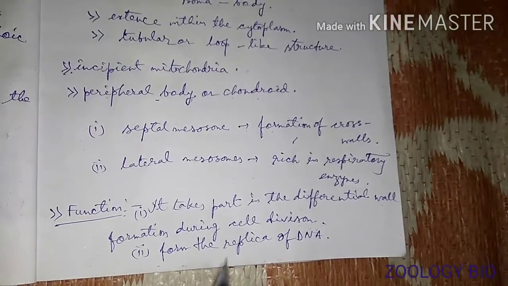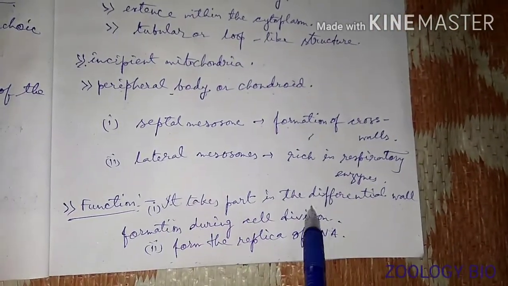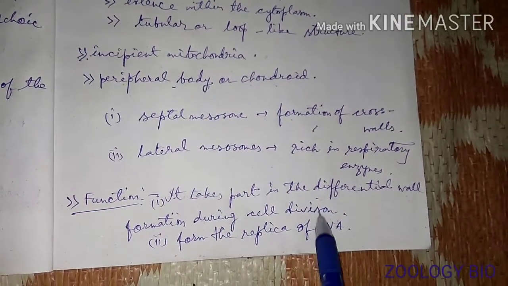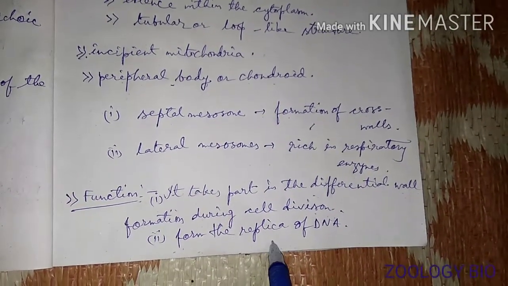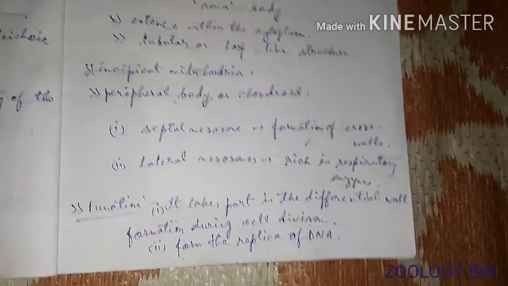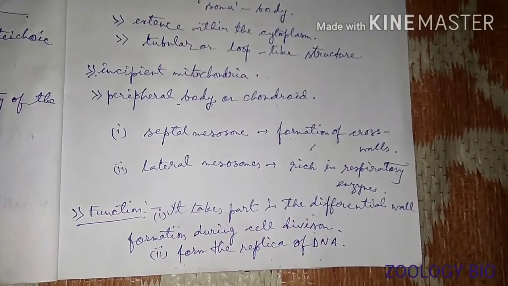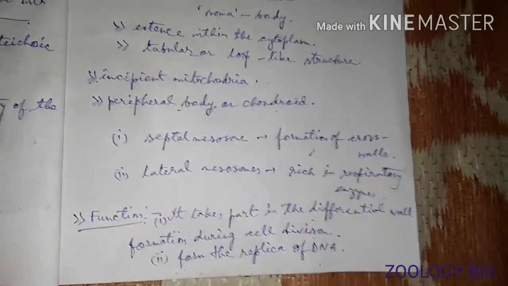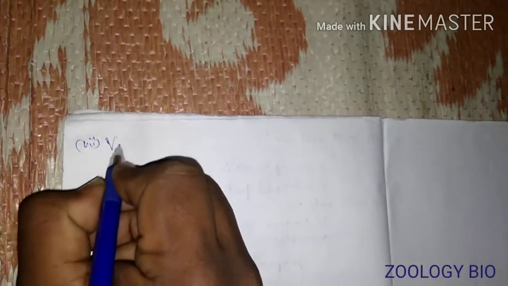So the function of mesosomes is that it takes part in the differential wall formation during cell division. Formed in the replica of DNA, it establishes the connection between the cytoplasmic membrane and nuclear material. Cellular respiration occurs here.